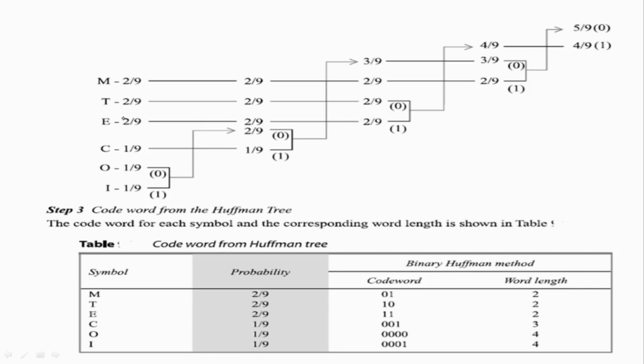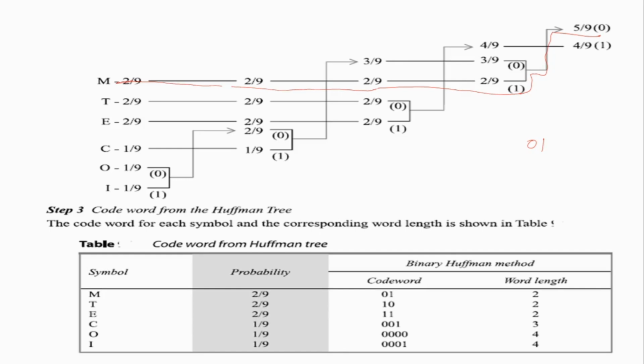Then we have to collect these bits, 0 or 1, for each symbol. Suppose you take M. The bits are here. For M it is 1 0. We are reading from left to right, so we have to write from right to left, that is 0 1.